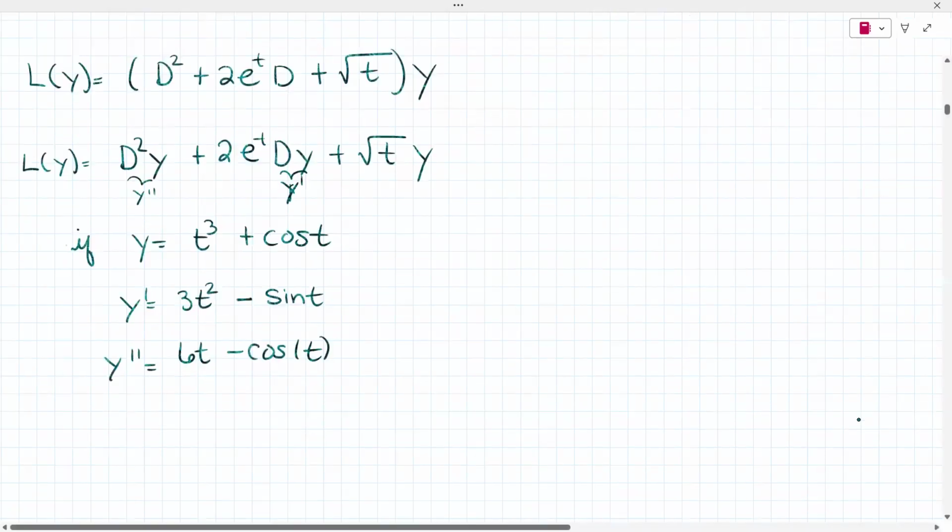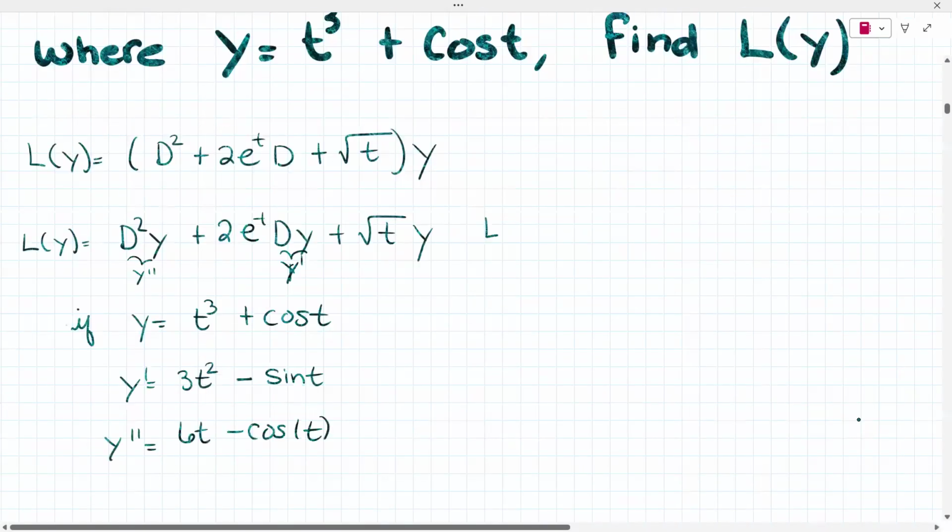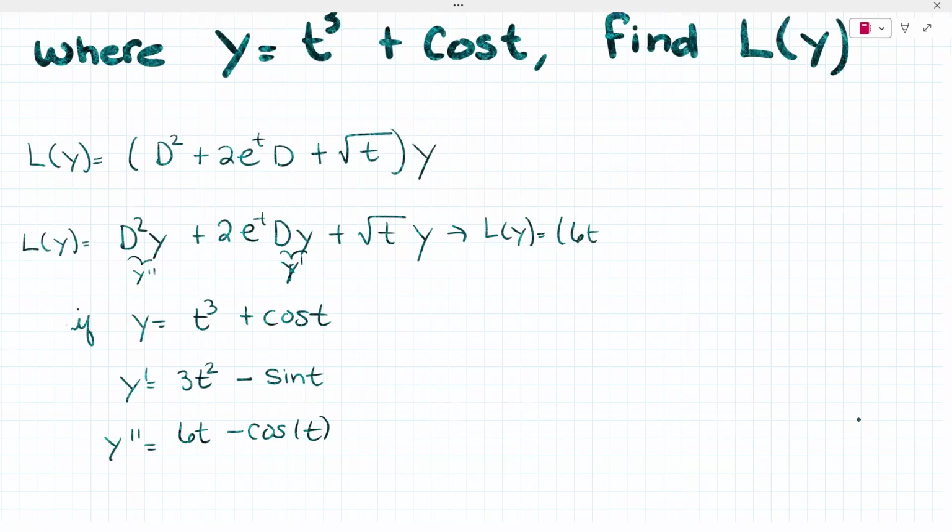Okay, so that means L of y is going to be, d squared y is the same thing as y double prime, which is 6t minus cosine of t, plus 2et, and then you replace dy with y prime, which is 3t squared minus sine of t.